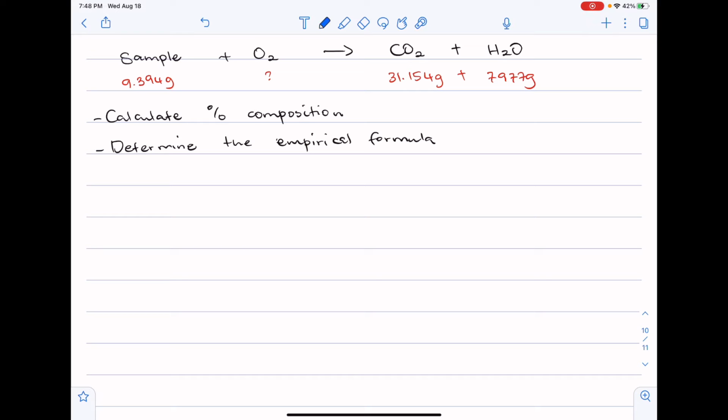Okay, the percent composition of carbon in carbon dioxide equals the mass of carbon divided by the mass of CO2. We know the molar mass of carbon is 12.01, and the molar mass of carbon dioxide is 44.01.